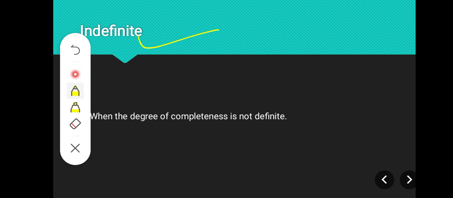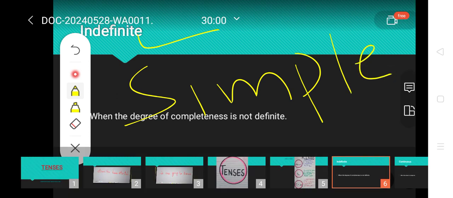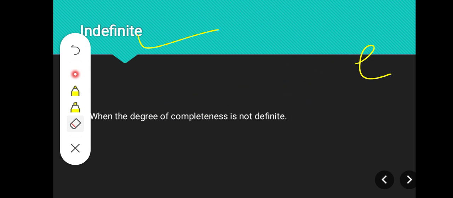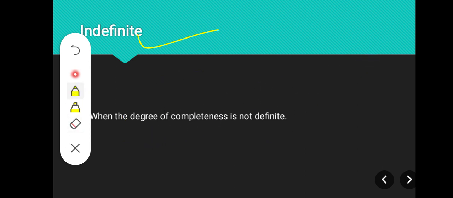Indefinite is also called simple. When the degree of completeness is not definite, that tense is called indefinite tense. We use this type of tense for habitual action.